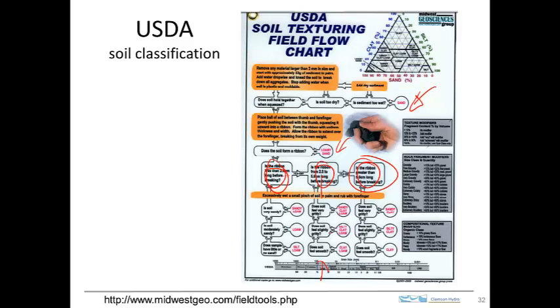To help you out with this, we have a set of soils that have been analyzed in the laboratory. So we know what the distributions are, and we know, for example, whether it's a silty clay loam or a silty clay.